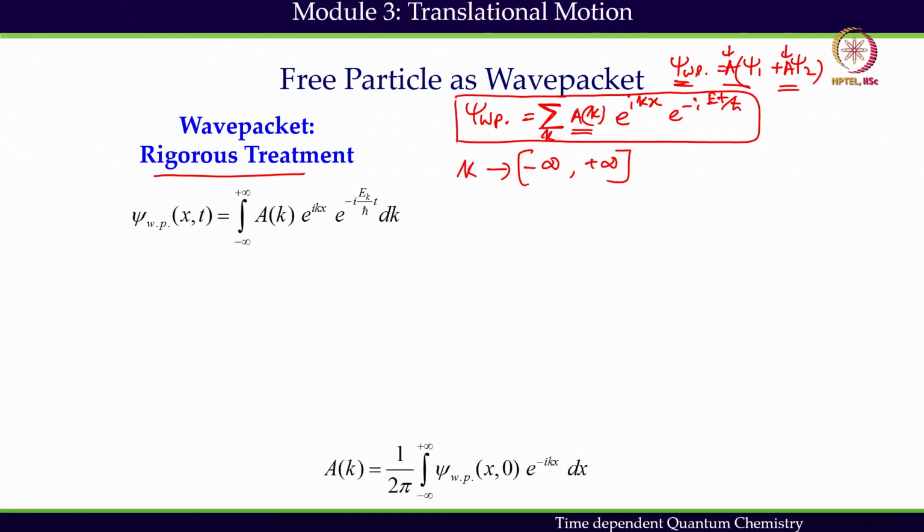And if k can have any value, then instead of summation I can represent it in terms of this integration. It is just the integral form of the same idea, superposition of many matter waves.